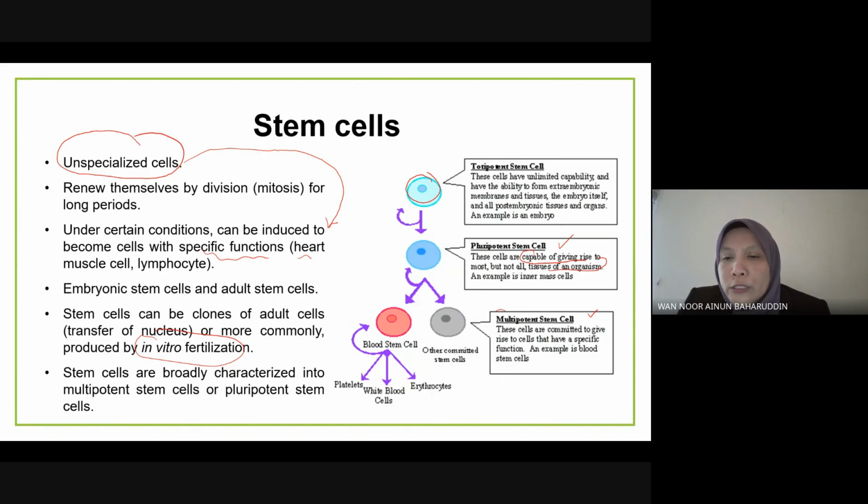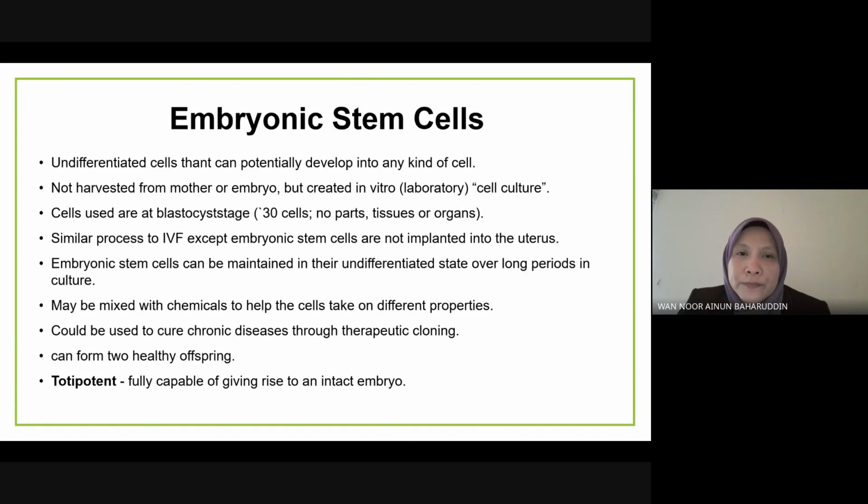But multipotent stem cells have only specific function, for example, blood stem cells hanya boleh jadi blood, not other types. But pluripotent can develop into a lot of functioning tissues such as muscles or heart cells and so on. So these are the differences between pluripotent and multipotent stem cells.